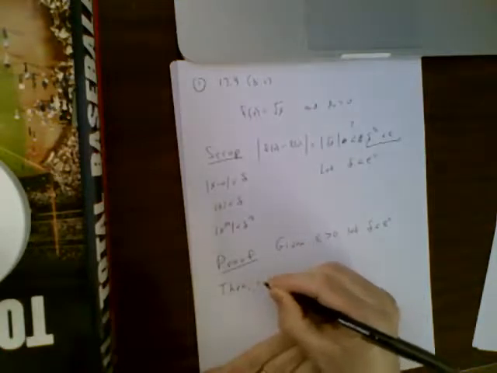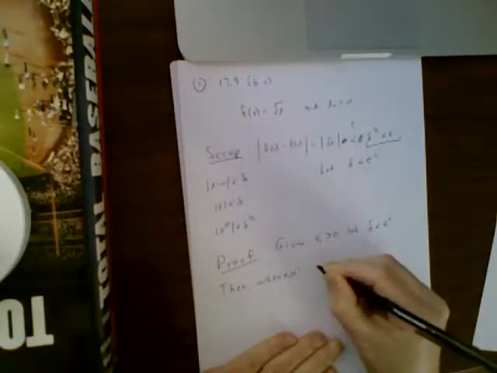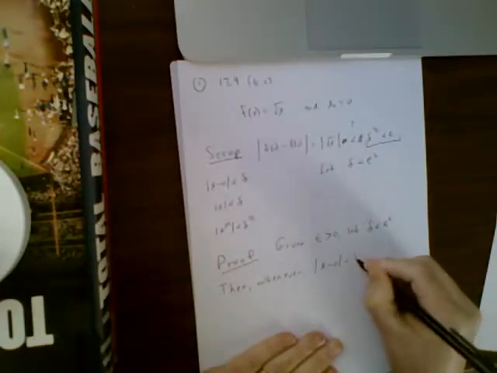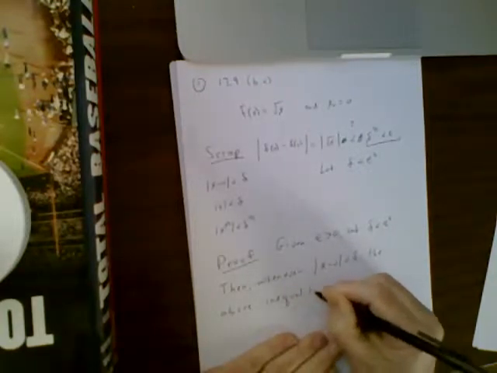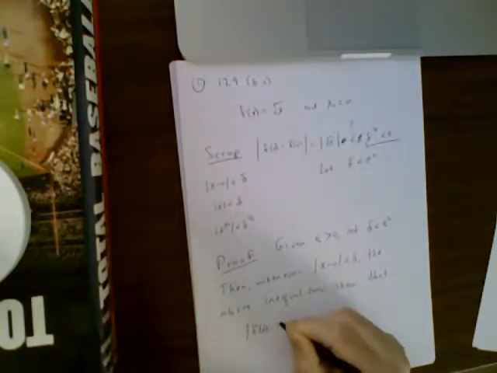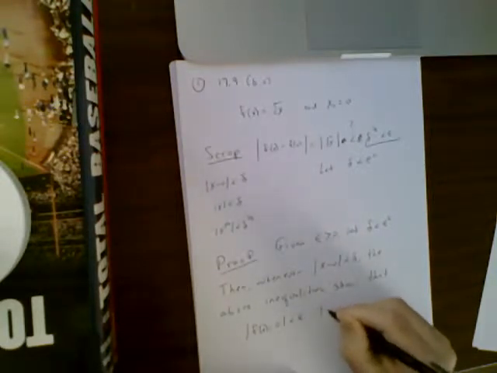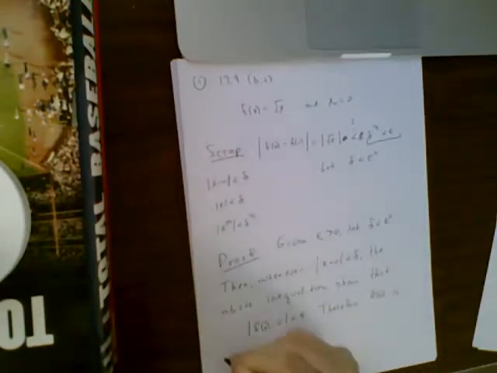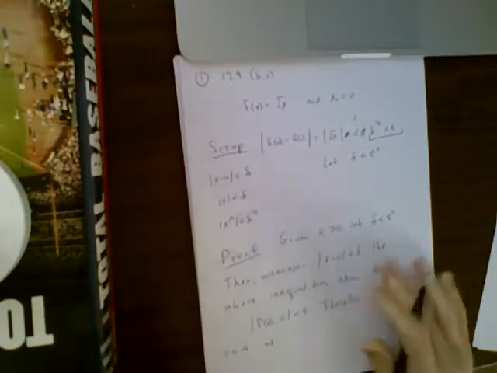Then, whenever the absolute value of x minus 0 is less than delta, the above inequalities show that the absolute value of f of x minus 0 is less than epsilon. Therefore, f of x is continuous at 0.